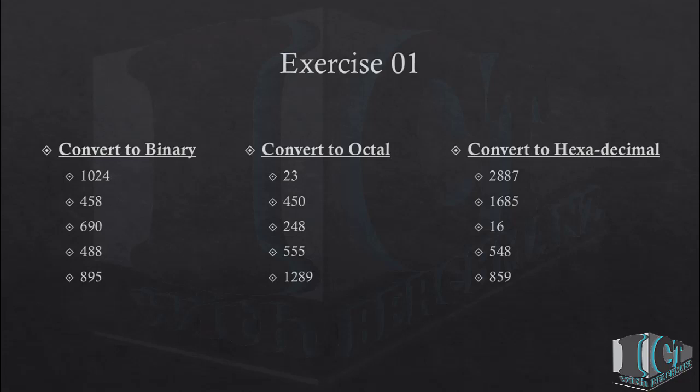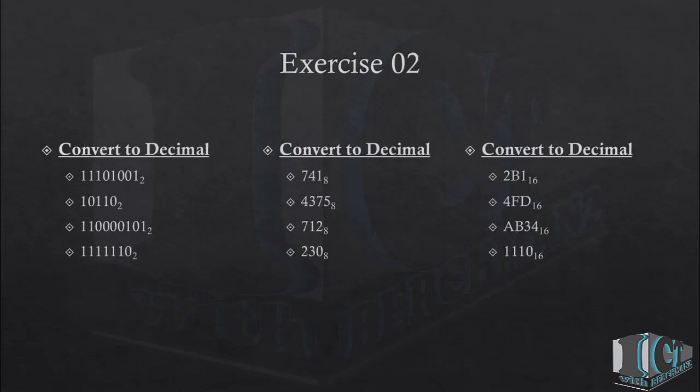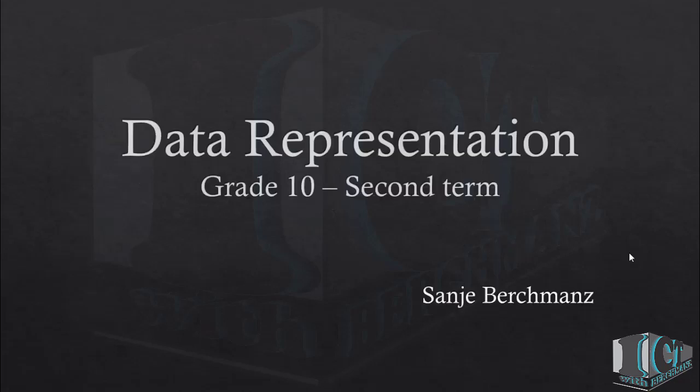And the second exercise, I would like you all to convert all these numbers of different number systems. The first group has binary numbers, the second group has octal numbers, and the third group consists of hexadecimal numbers. I want you to try the previous one and this exercise and see if you are getting the correct values. You can write the answers in the comments below.